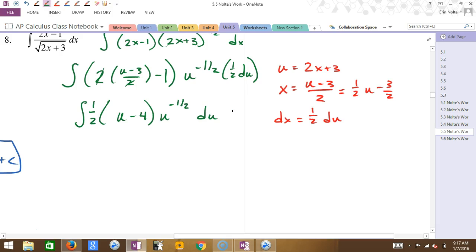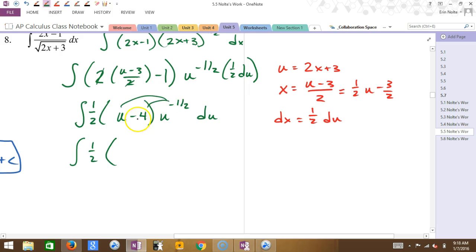So then what should I do? I'm going to do basic distribution. Can I distribute the 1/2 and the u to the negative 1/2 in one step, or is that too confusing? Two steps? Okay. I'll keep the 1/2 out first and distribute this one.